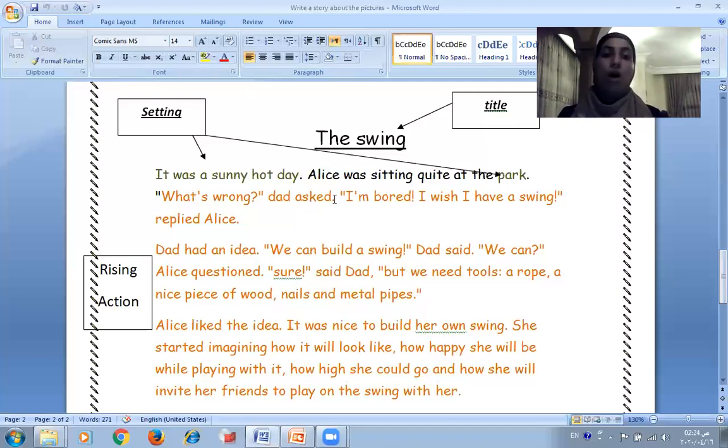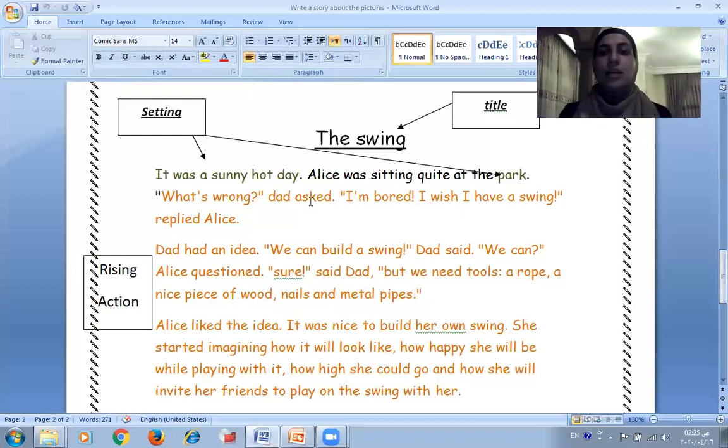"What's wrong?" Dad asked. "I'm bored. I wish I had a swing," replied Alice. Now, I want you to notice the inverted commas. Every time a character talks, I included inverted commas to surround the speech of the character.